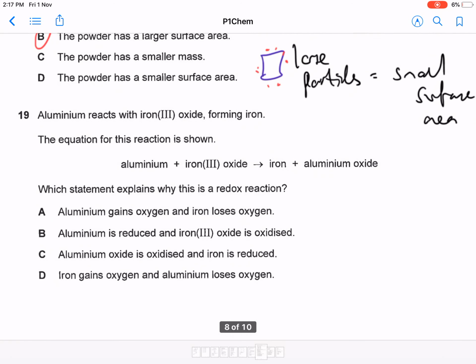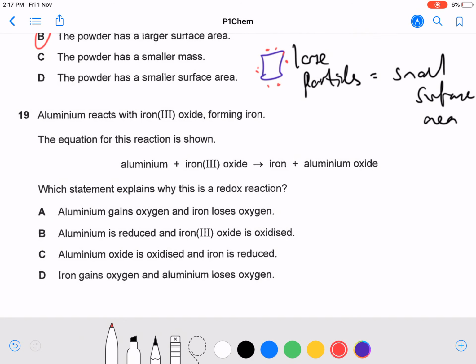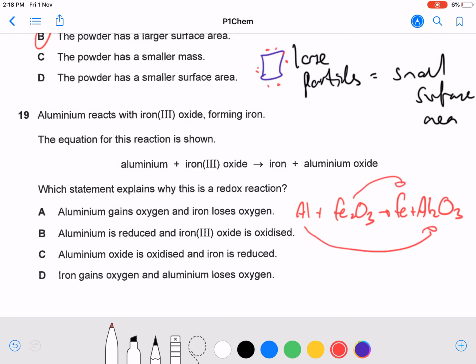19. Aluminium reacts with iron oxide. It even gives me the equation. So we've got aluminium, we've got iron 3 oxide, Fe2O3, going to iron plus aluminium oxide, which is Al2O3. So aluminium from here to here has gained oxygen, iron oxide from here to here has lost oxygen. So aluminium oxidizes, addition of oxygen, and iron oxide reduces, removal of oxygen.